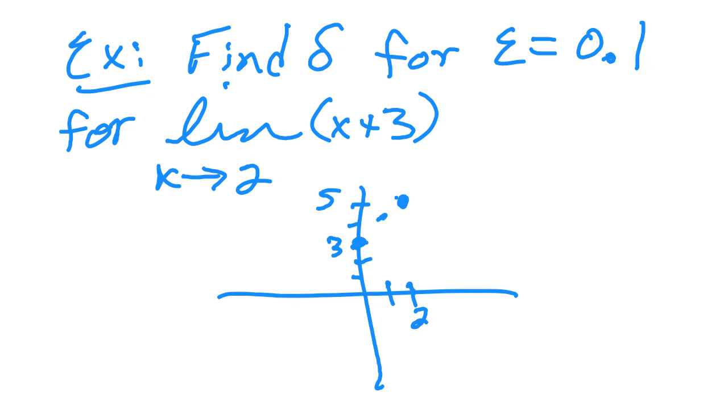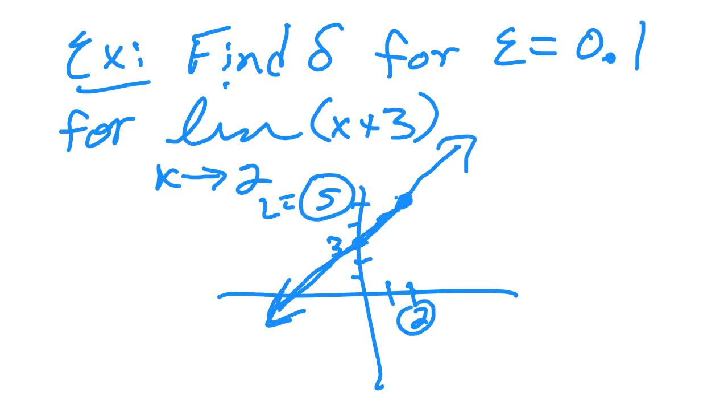Now, once again, I don't care if I'm defined there, but this is my graph. It's just a line with a slope of 1. So 5 is my L, 2 is my A. If I've got epsilon equals 0.1, I'm going to change colors here, since I'm using blue for my graph.